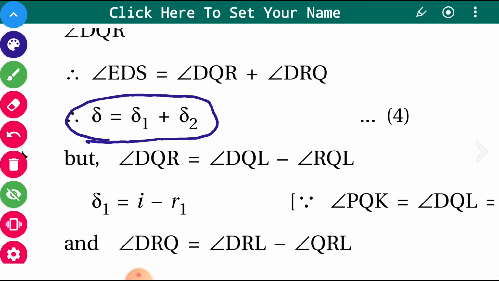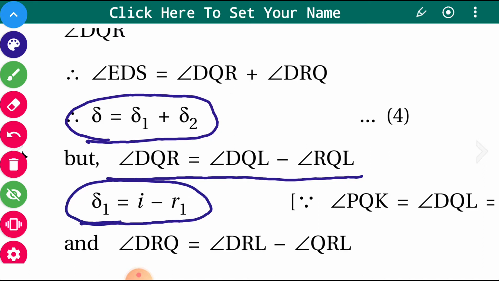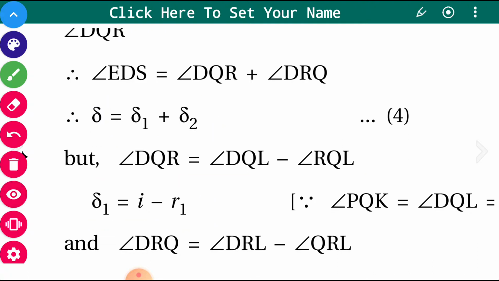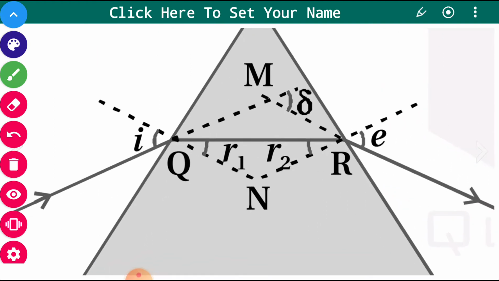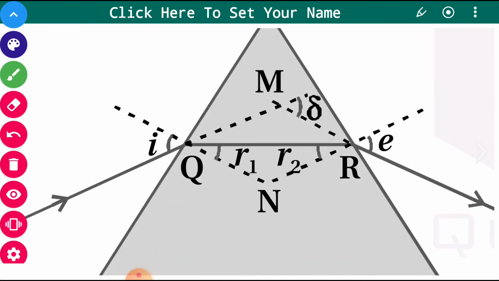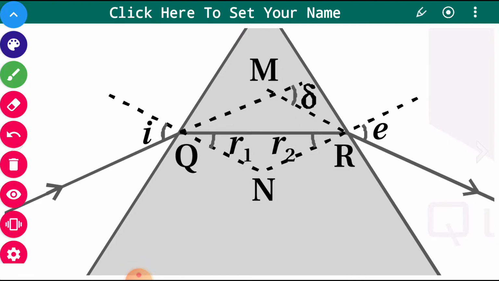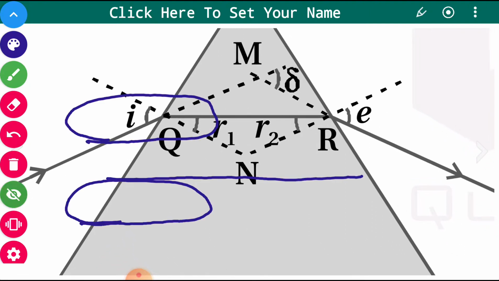Now you can see angle DQR is DQL minus RQL, that is I minus R1. Or we can say it another way also. Look closely at this figure. This is delta 1, again I am showing it to you.